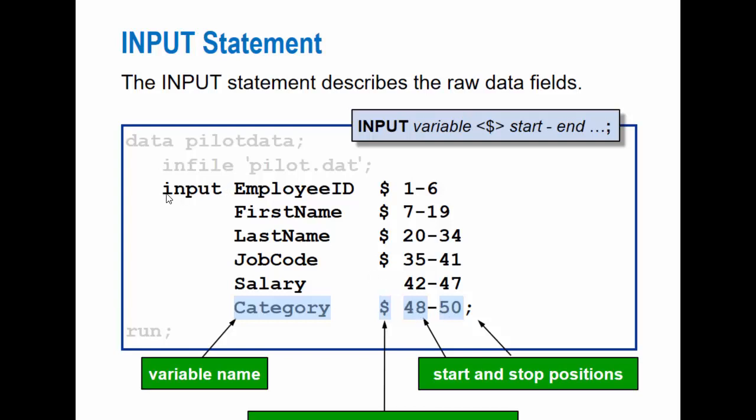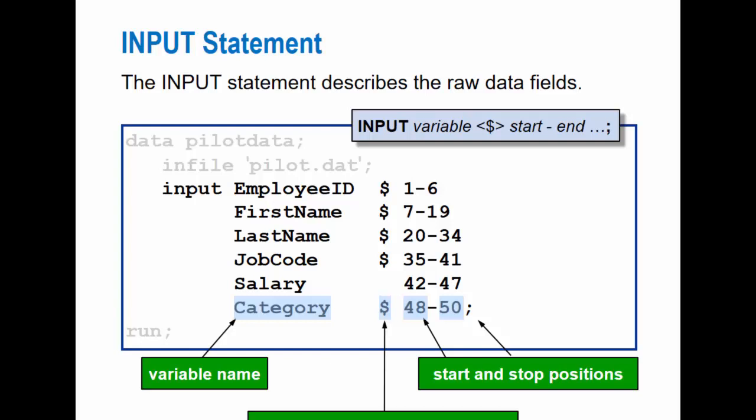So after input, you specify each field name. Three things you have to specify: field name, what is the type, and the start and end. Numeric means you don't have to specify anything. If it is character, then you have to say dollar. Dollar means it's a character field.